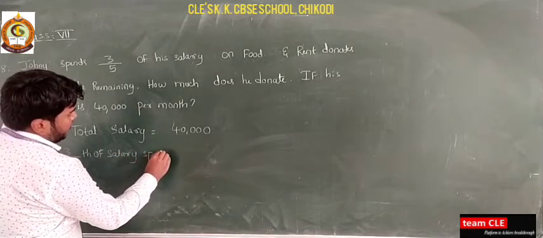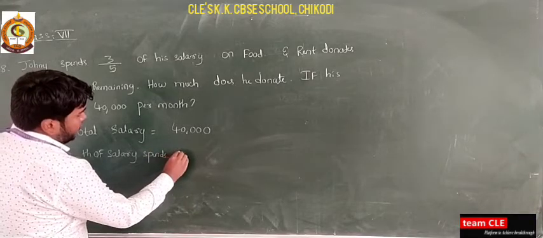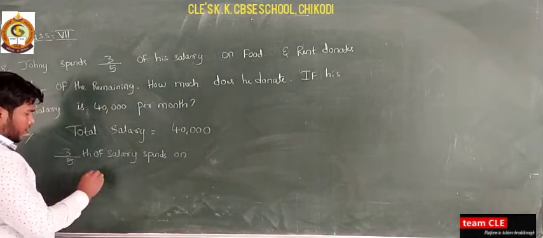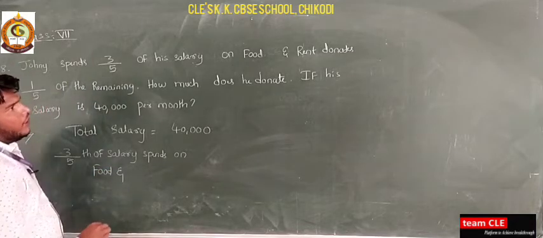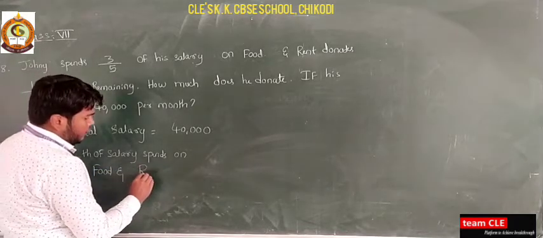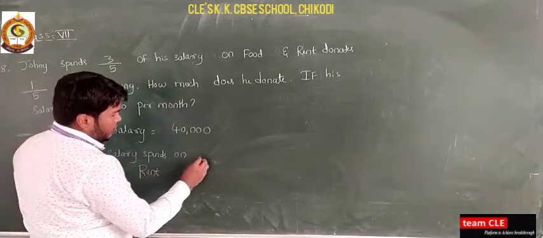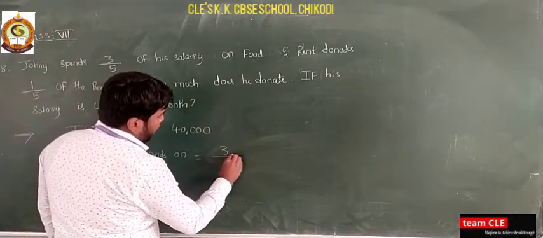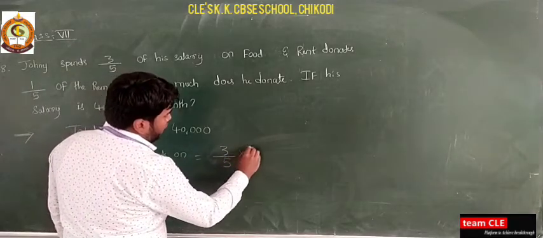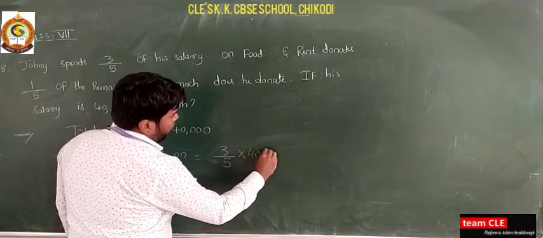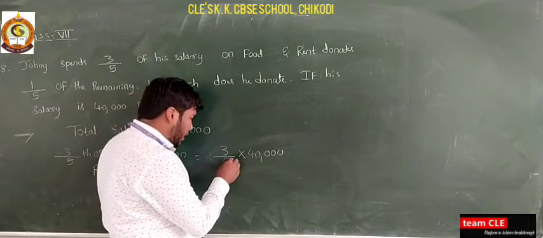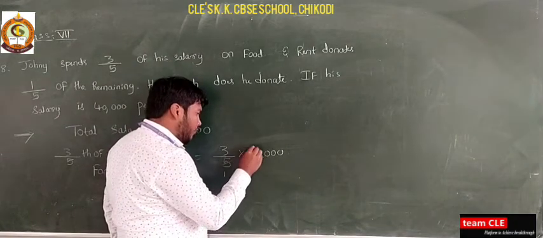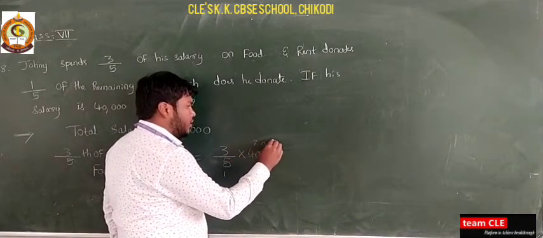So you can write this as 3/5th of 40,000. 5 ones are 5, 5 eights are 40, so this is 8,000.